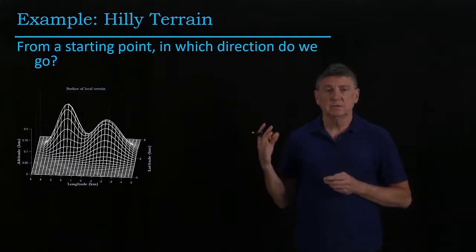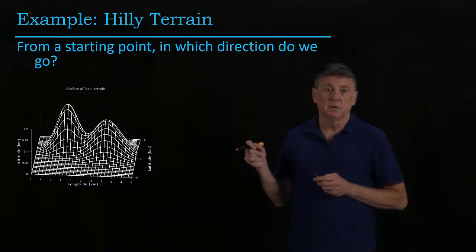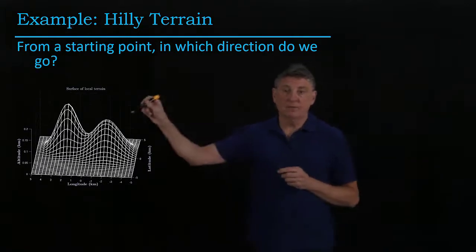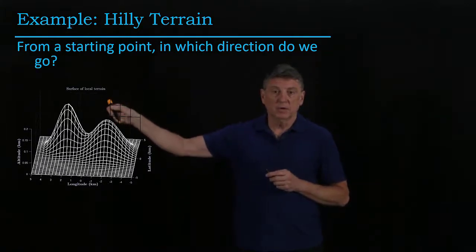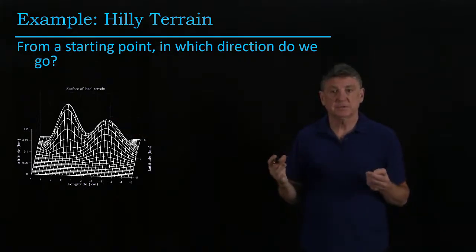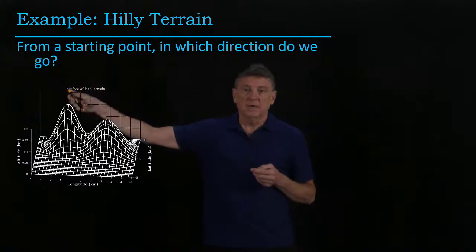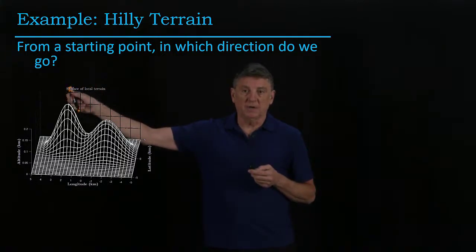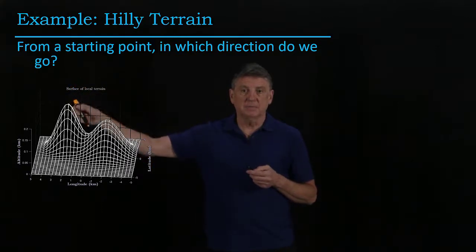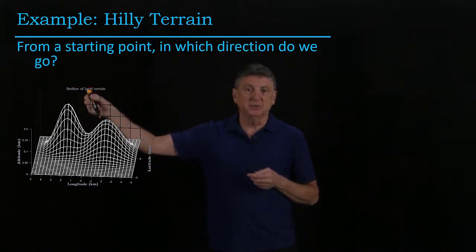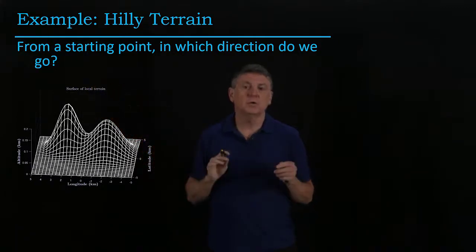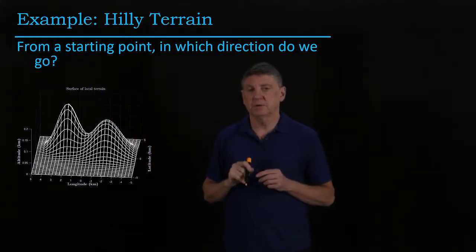And if you want to get down to the bottom, one way is to simply say, wherever I am, let's go in the direction that is steepest. And that would be a steepest descent. It might turn out that we are here and our automobile is over here, and it might be that the shortest path involves going uphill, but we're not going to look at that more complicated situation right away.